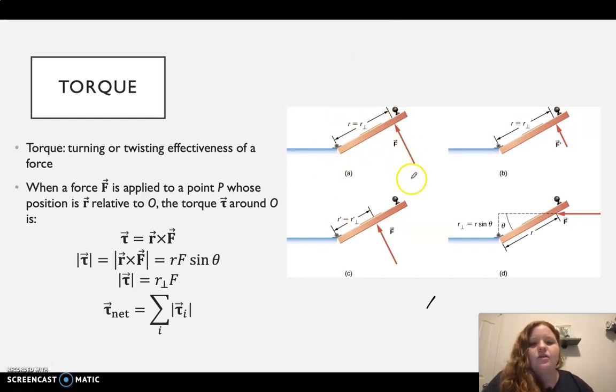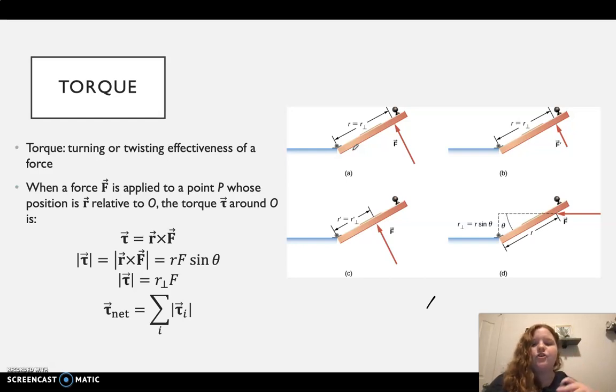When we typically open a door, we give it a force on the outer edge, where the door handle is, right? Because it's pretty easy to open that way. Now, if we try to open the door towards the center or towards the hinge, it's a lot harder to open. This is because of torque.